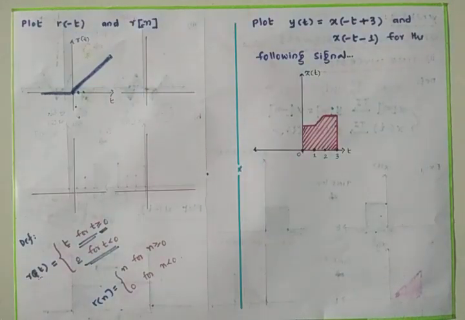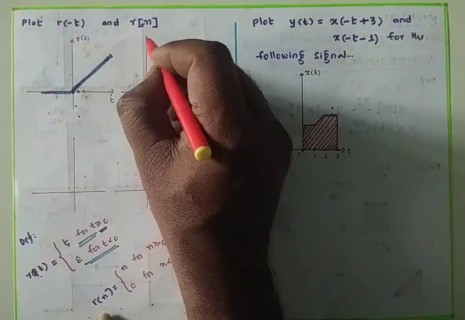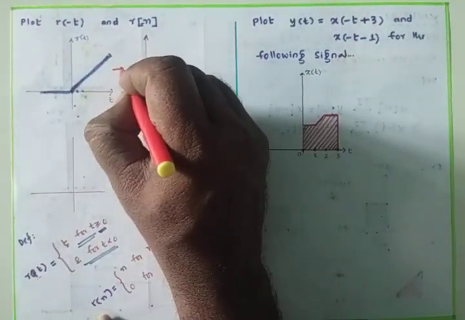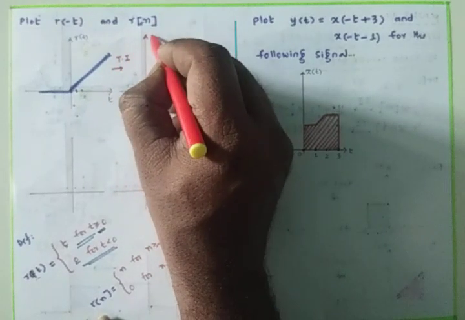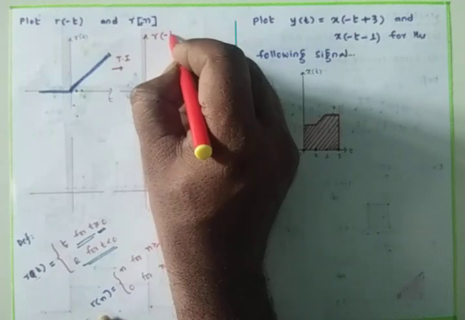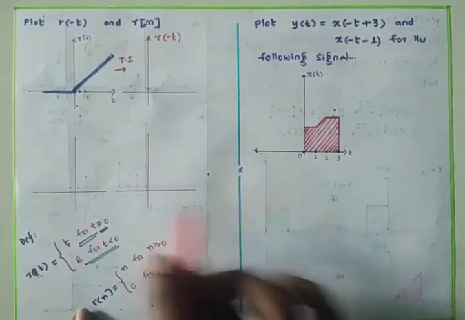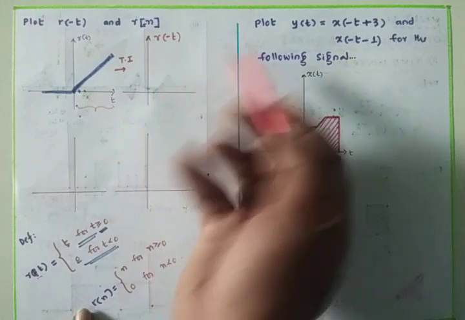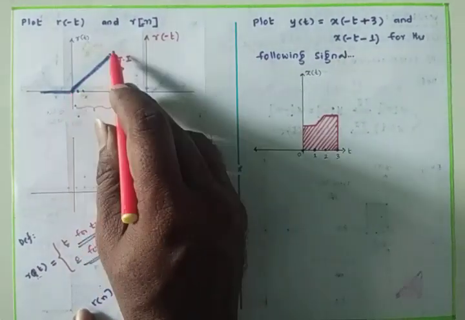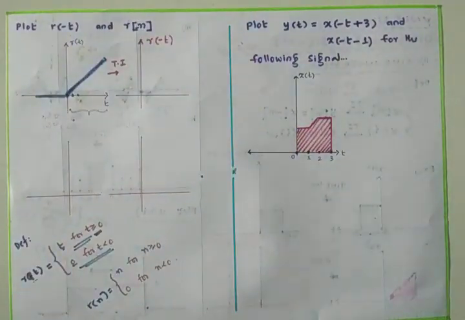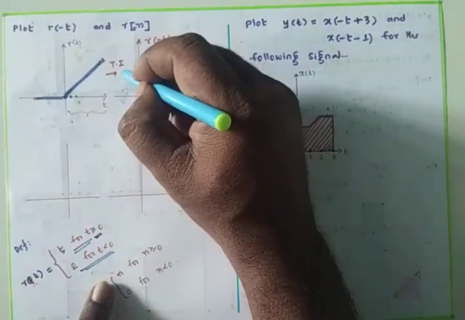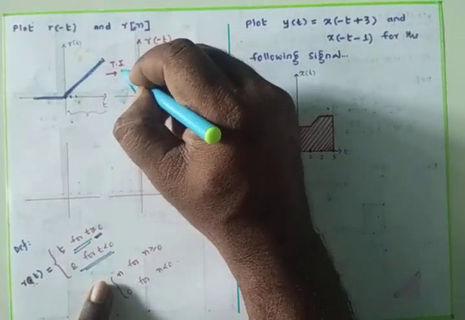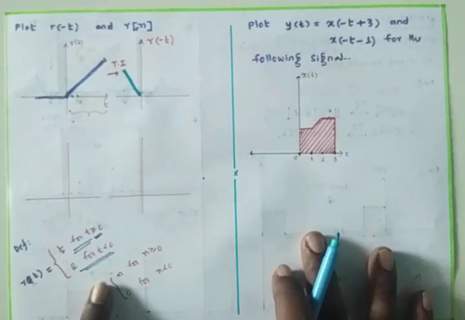Now we should draw r of minus t. R of minus t means this is r of t on which we applied the time inversion operation. Due to the time inversion operation, we got r of minus t. T is replaced by minus t. Here the t is positive, and that is replaced by the negative, so this signal will come in the second quadrant, and the signal will be like this. Whatever signal is there in the first quadrant, due to the time reversal operation, you can get that signal in the second quadrant.